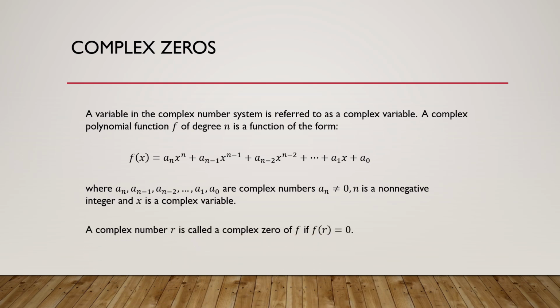A complex number r is called a complex zero of f if f of r is equal to 0.